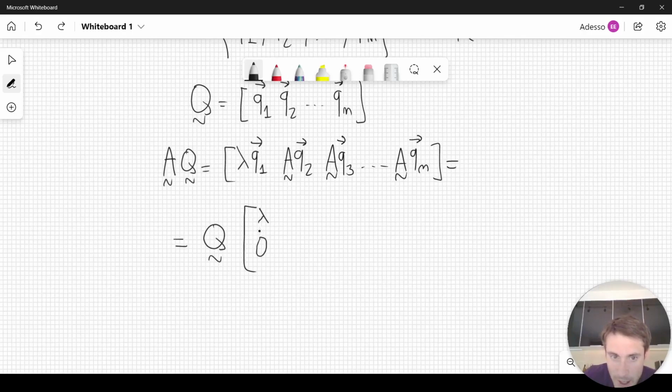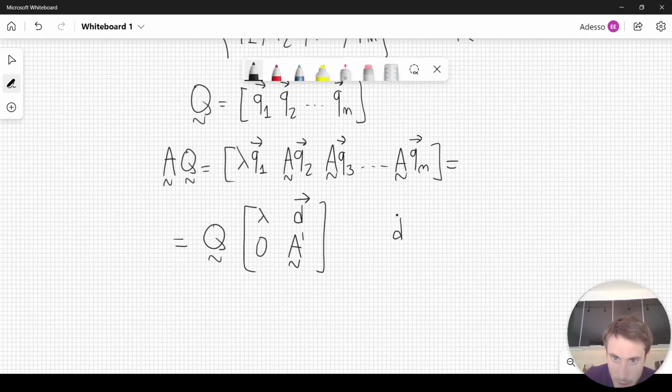This is an n minus 1 by 1 vector, so n minus 1 rows and 1 column. Then here we have another vector that I will call D, and this is a 1 by n minus 1 vector, so 1 row and n minus 1 columns. And then here we have an n minus 1 by n minus 1 matrix, and we call it A prime.